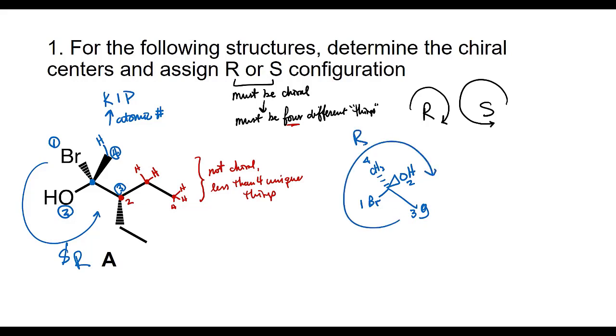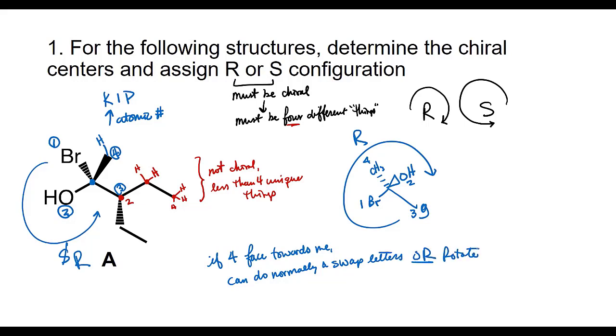R. So if my least priority is facing towards me, I can do it normally and swap letters, or rotate, and both of them will get me the same answer. Does it make sense? Okay.